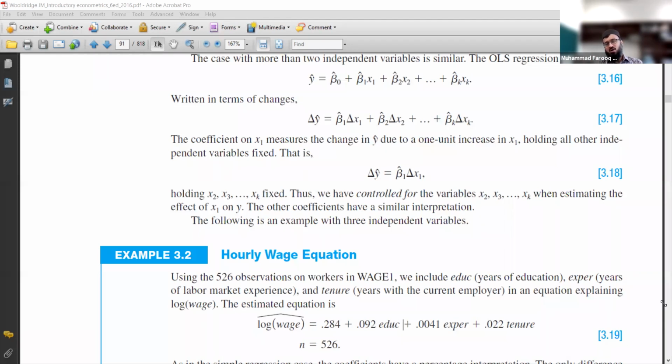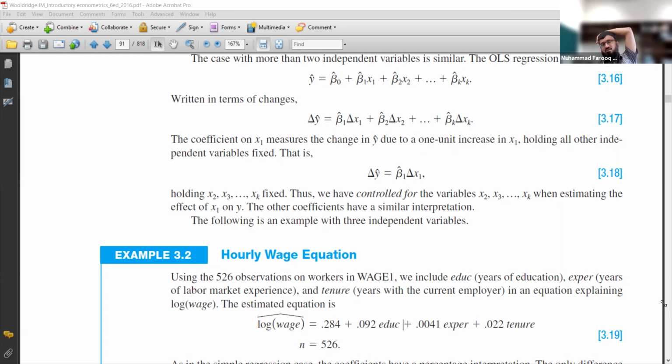So a 1 unit change in education, keeping those other two variables fixed, is associated with, not leads to, we don't like to use causal language when interpreting regression results.